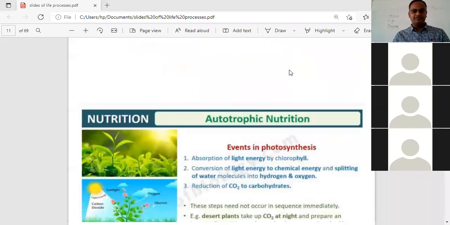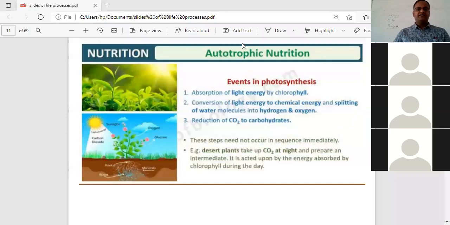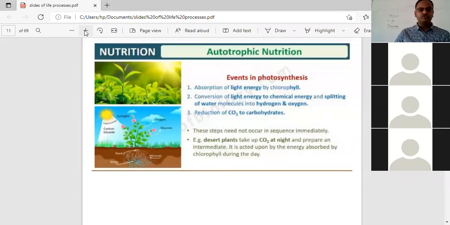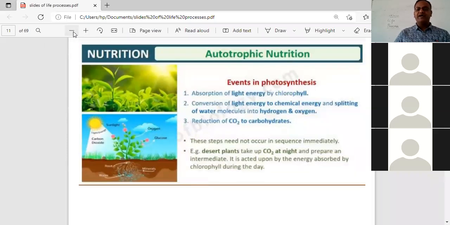As I already told you, whenever we are about to discuss the mechanism of photosynthesis, we have to discuss 3 basic steps of photosynthesis, and these are very, very important. What are these 3 steps? The first step is absorption of the light energy by chlorophyll.